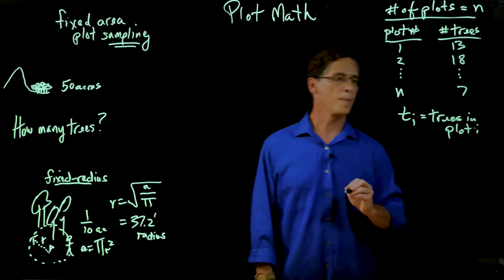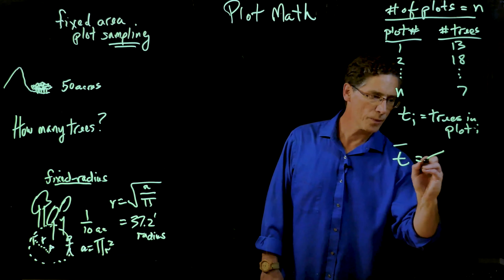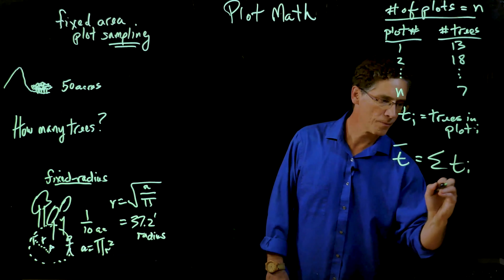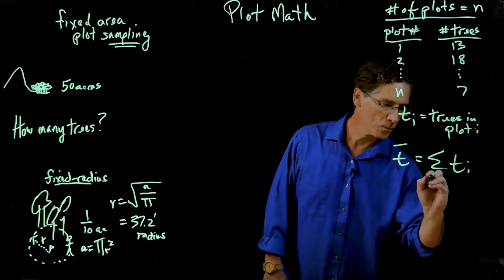So if you remember your average, the way an average works is we sum all the values from i equals 1 to n. So this basically means we're just summing all of these, adding all these numbers up, and then we're dividing by the number of numbers. Okay, so this gives us the average trees per plot.